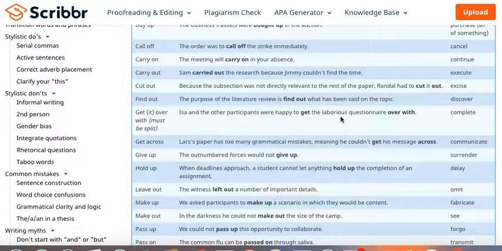So it's separated. You've got get, then you have the laborious questionnaire, and then you have the other two words in the phrasal verb, over with. So it's been split or separated. One word, a substitute that's more academic, is complete.